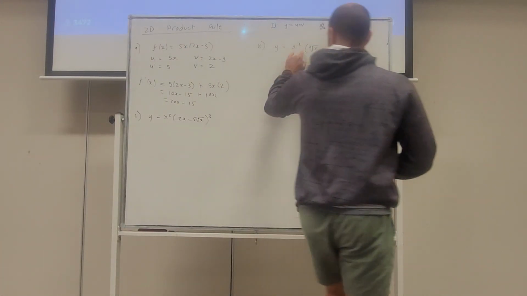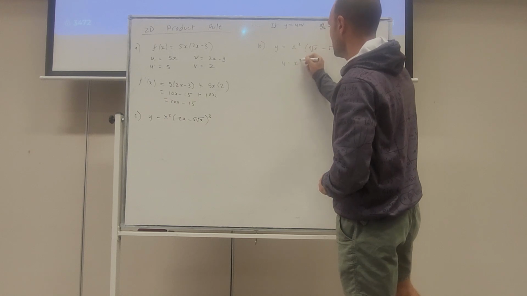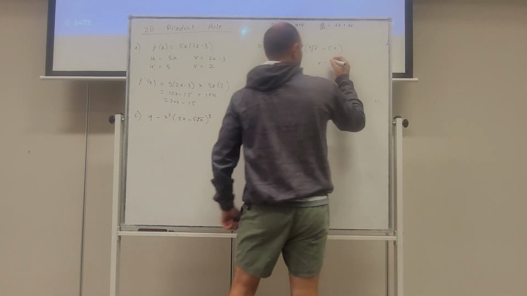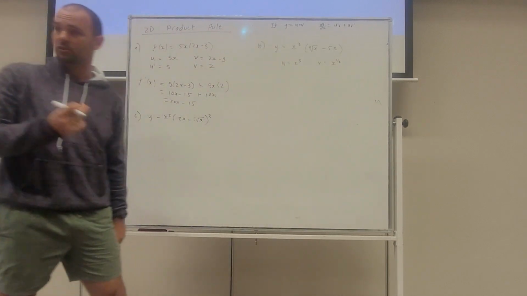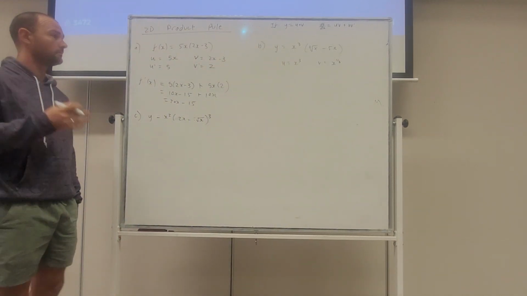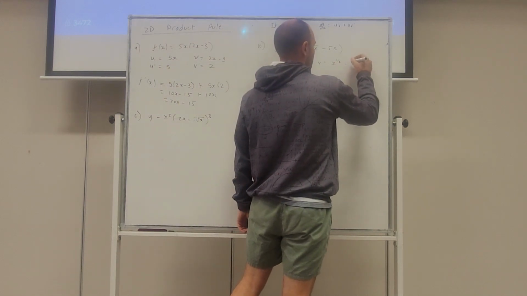First step, identify what is it that we're multiplying together. We have u is x to the 3, and v is the cubed root of x, which I'm going to express straight away as x to the power of a third, take away 5x.